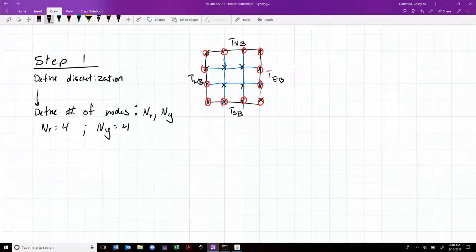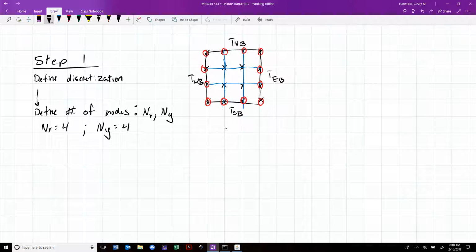This is also a good opportunity to, it'll be helpful later when you're plotting results if you create a matrix that describes the x and the y positions of each node.